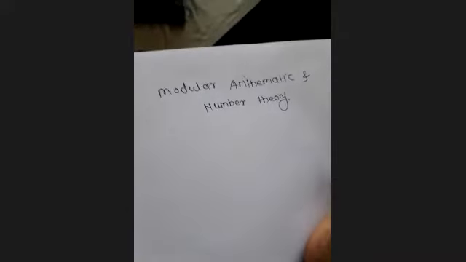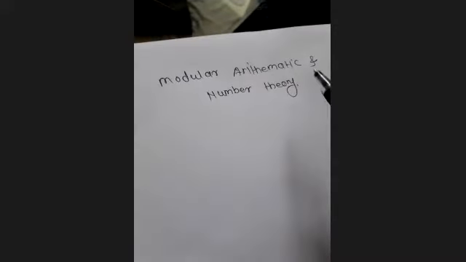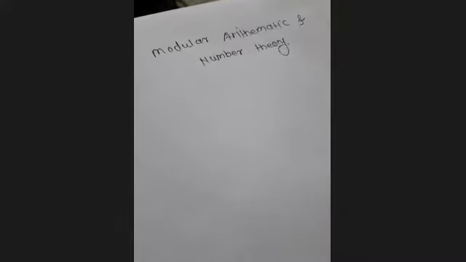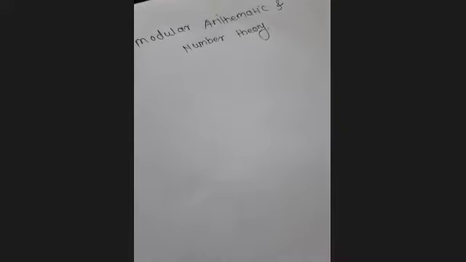This is the new chapter from the first unit, modular arithmetic and number theory. In this topic, we have to learn some basic concepts and calculations which we will require while we learn some of the major encryption methods like AES algorithm, DES algorithm, RSA algorithm, Diffie-Hellman key algorithm. ये सब algorithms हम आगे आने वाले lectures में देखेंगे.